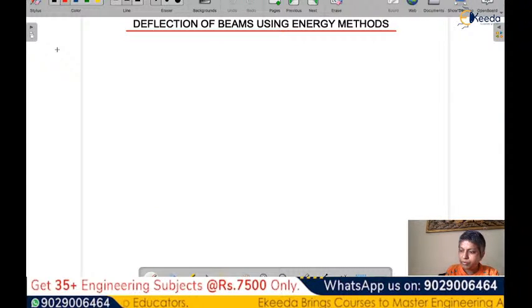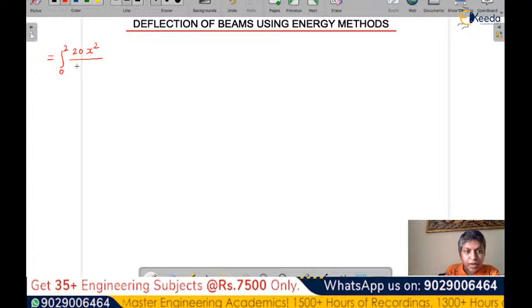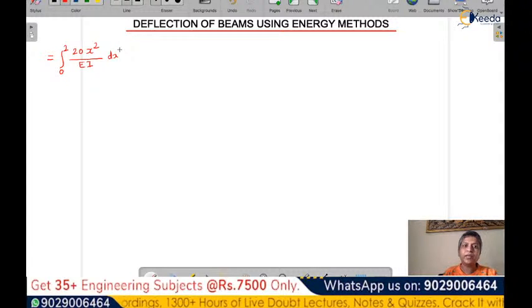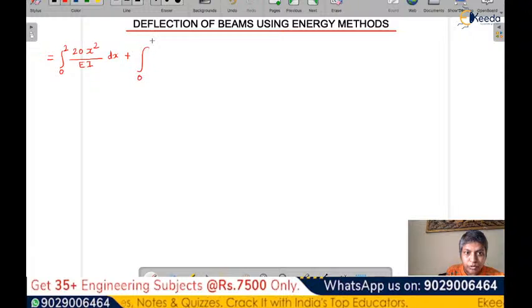So our equation will become 0 to 2, 20 x square by EI into dx, and then plus the next part 0 to 2.